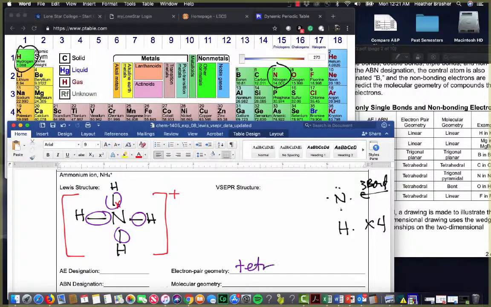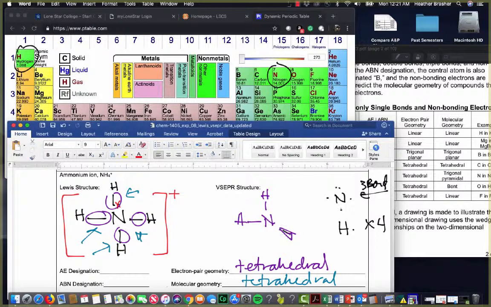So we have tetrahedral. How many bonds do we have? 1, 2, 3, 4. So we have tetrahedral. And when we draw him, we're just going to put it on the outside so everybody knows that he is positive.